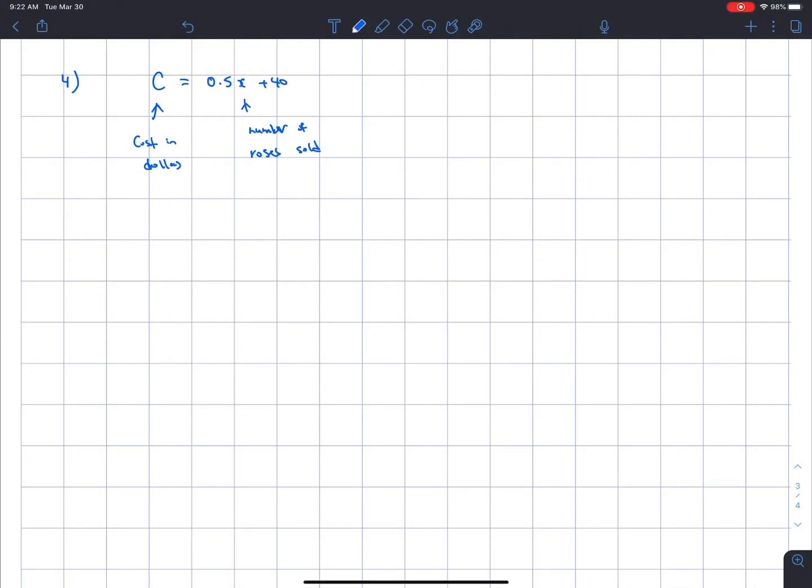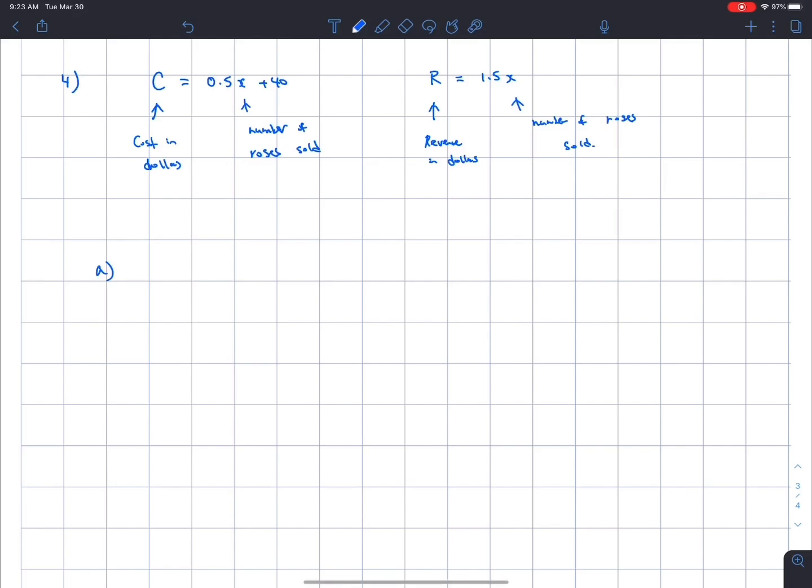And there's also a revenue equation. Revenue is the amount of money that we collect from the customer. And X is the same, just the number of roses sold.